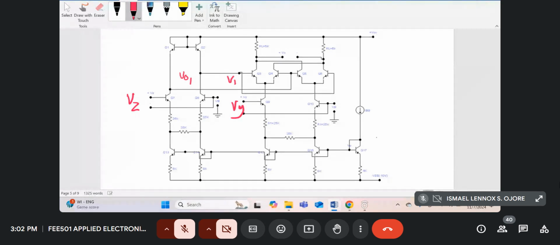So by applying a signal at Vz, I can increase the dynamic range of that signal to be approximately plus minus 10 volts. And then the signal Vy will also be plus minus 10 volts. The beauty of this circuit is that both the signals Vz and Vy are now with reference to the ground.